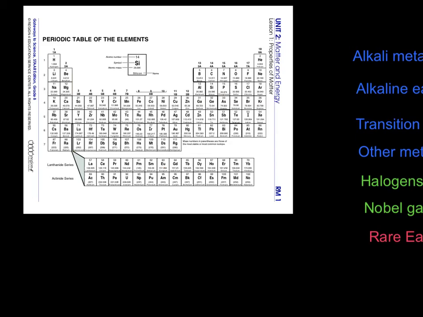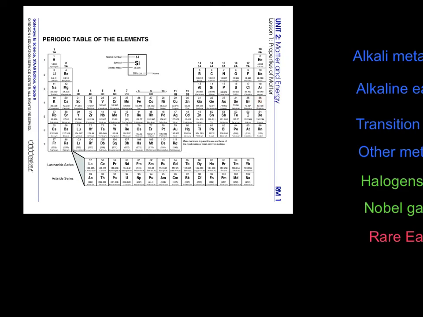And finally today, let's talk about the groups on the periodic table. Groups on the periodic table are also known as families. They're known as families because the elements that are located in an individual group, like group 1 or group 2, have very similar properties. Whereas if we go across the periodic table from left to right, the properties change slowly as we go from group to group. All right.